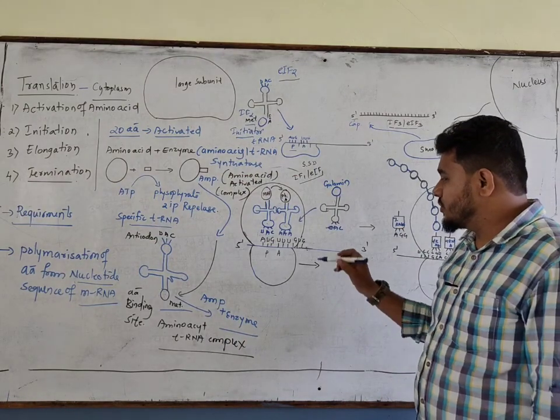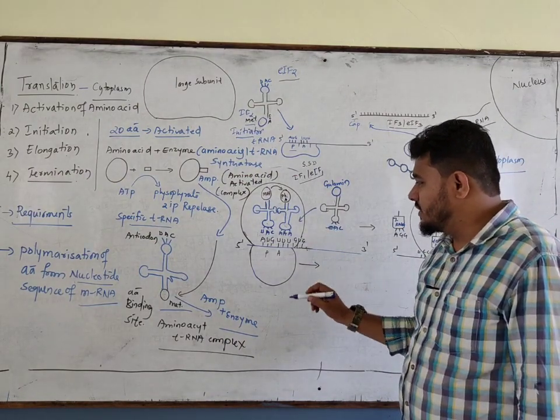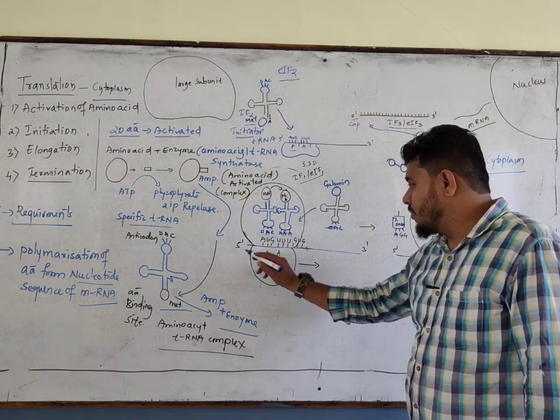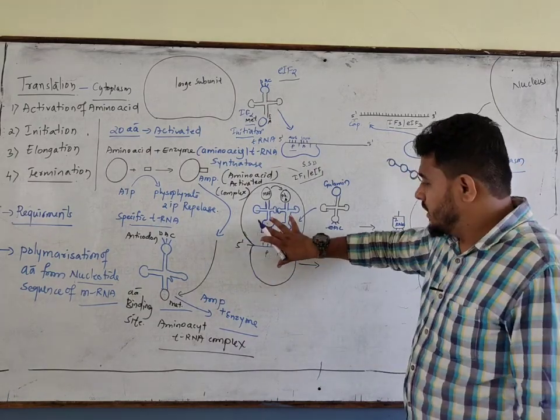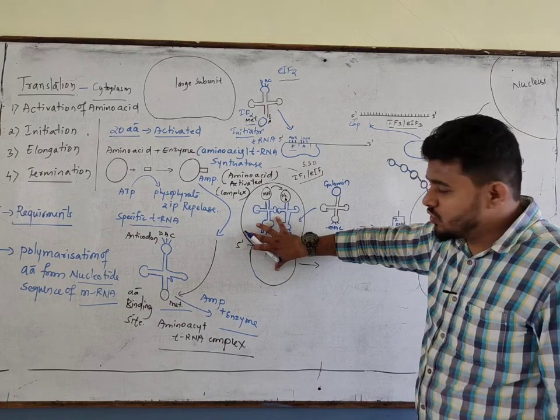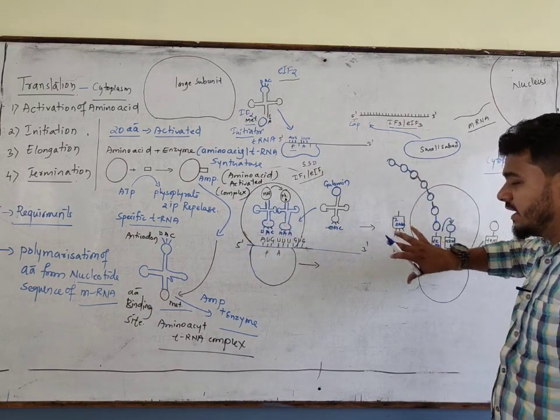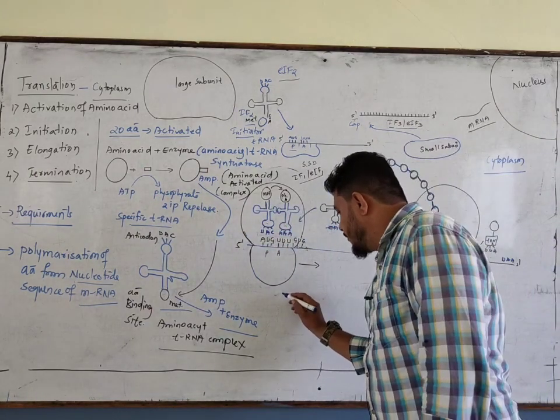The next process is elongation. In the elongation process, the large subunit and small subunit will move from 5' to 3'. The mRNA will not slip. The entire ribosome will move in this direction.